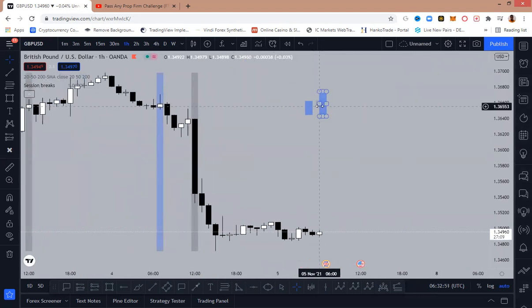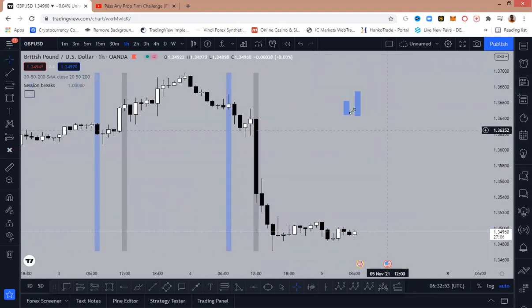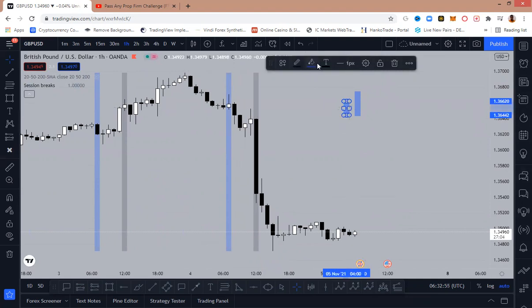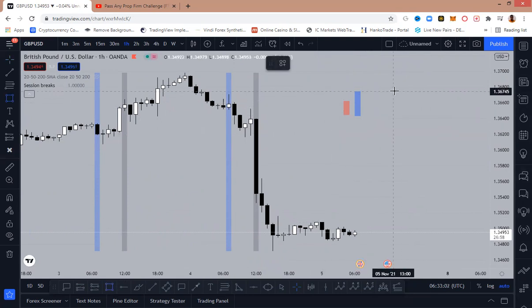Okay, so let's make this one bearish. This one will be red, this one will be blue. And then vice versa, we also have another type of order block here.